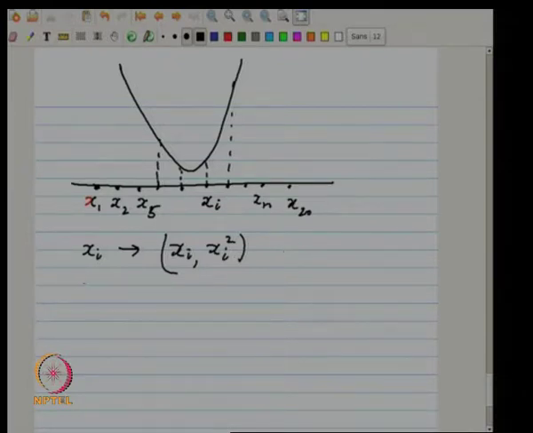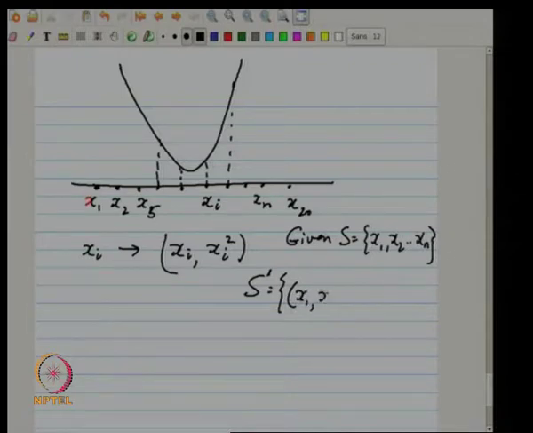So, given a point set S equal to x1, x2 to xn, I am defining S prime as a two dimensional set of points x1, x1 square, x2, x2 square, etc.